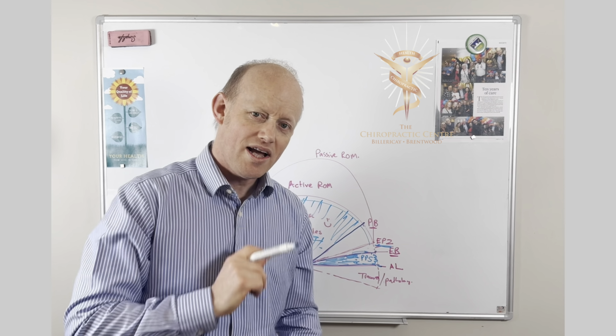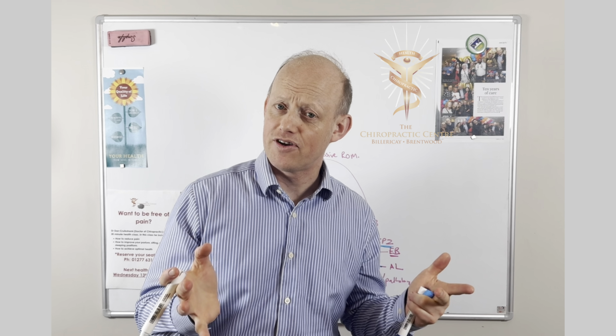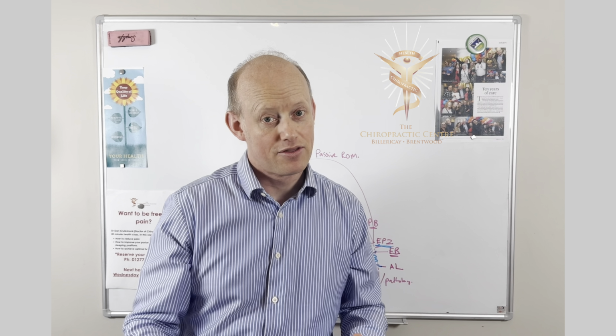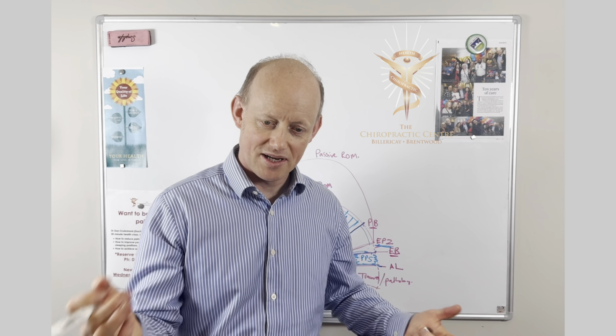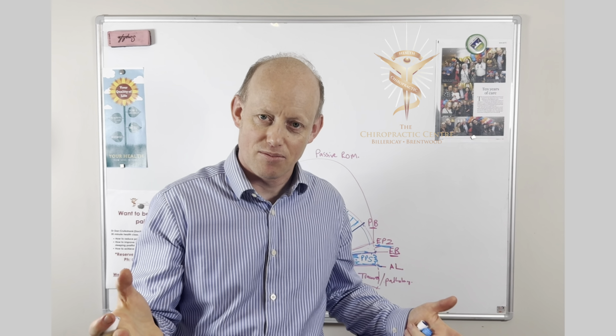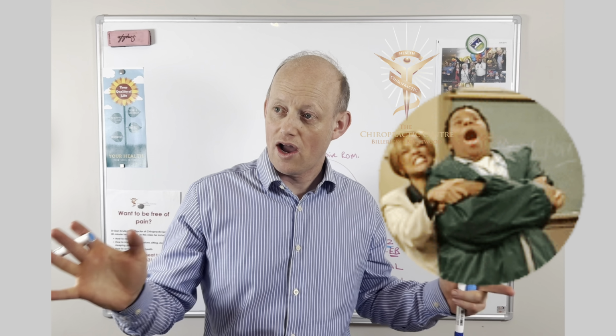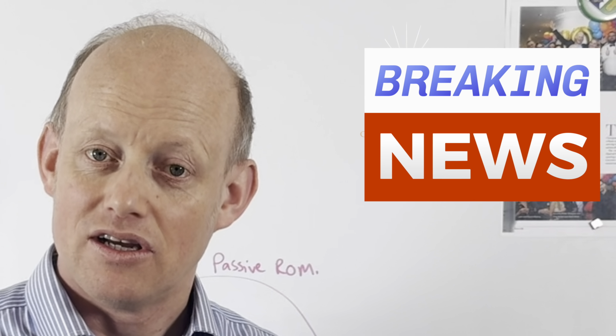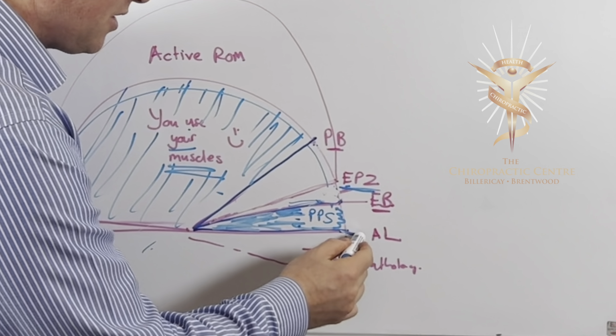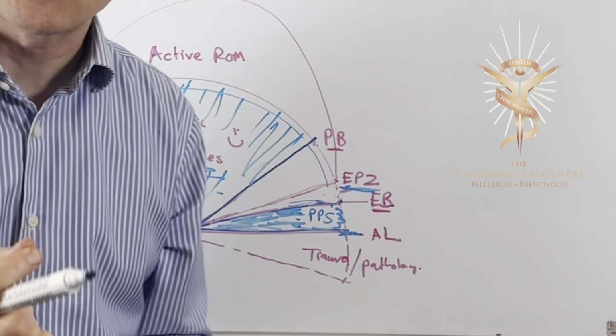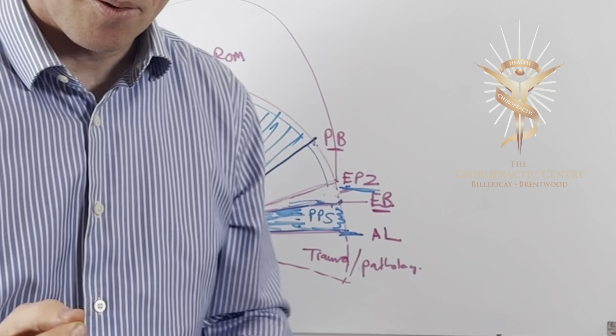Now, why is it important to see a professional if you're having this done rather than your neighbor or your best mate coming in and crunching you and clicking you behind? Can you get relief from that? You could. Would I advise it? Definitely not. You want a professional to be looking at you, because beyond this clicking point there is an area called the anatomical limit.